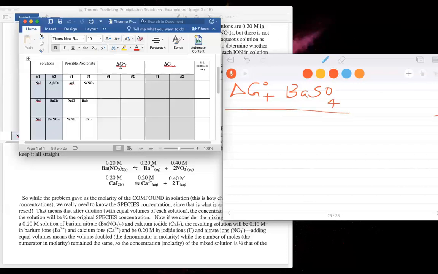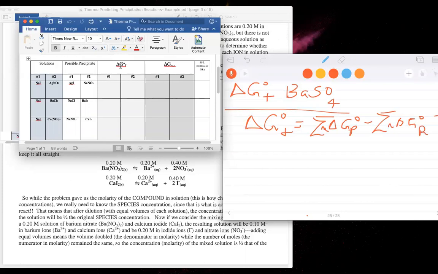We need to do that for solid number 1. Using the equation, delta G node formation is given by the sum of M, the coefficient in the balanced equation, times delta G node formation of the product, minus N times delta G node, superscript, of the reagent.